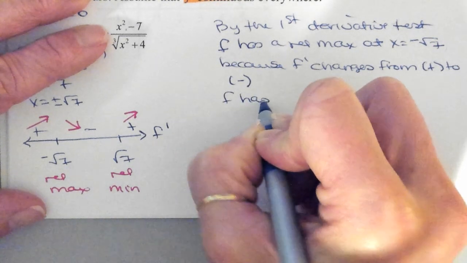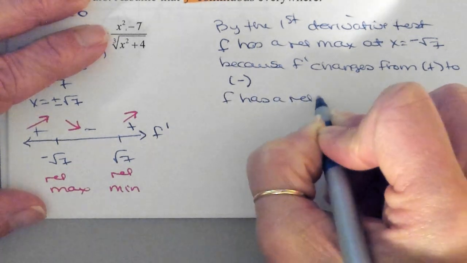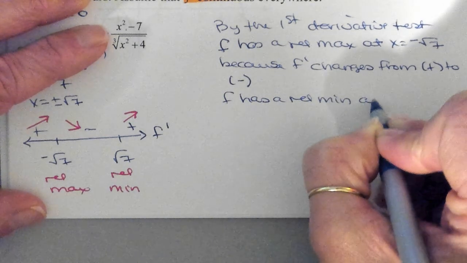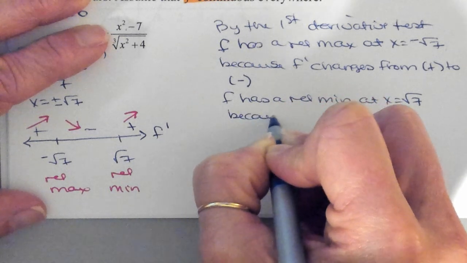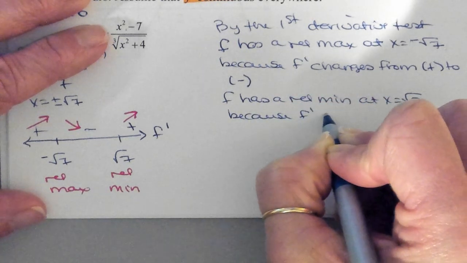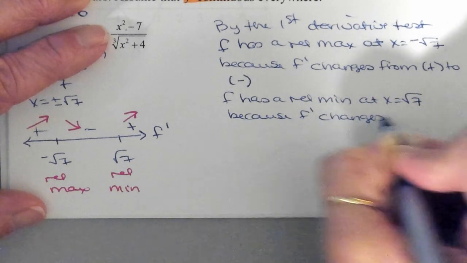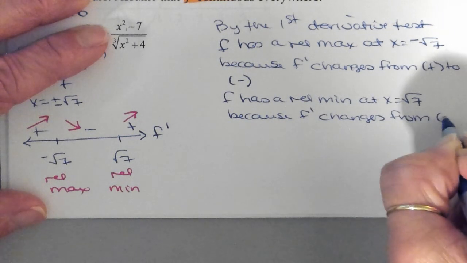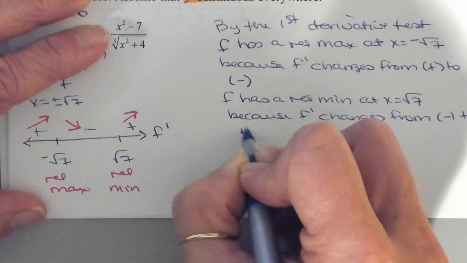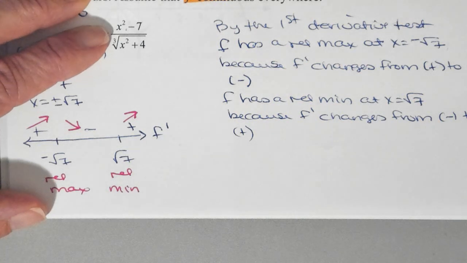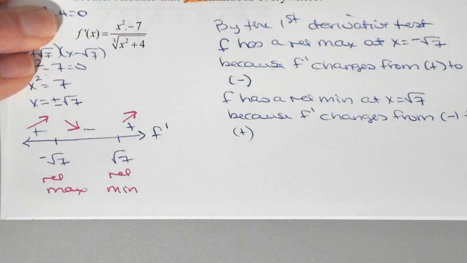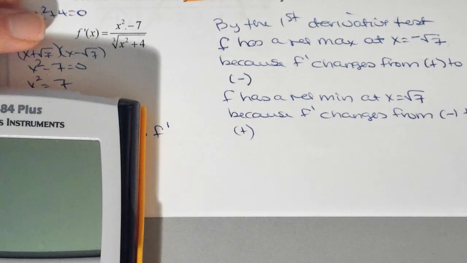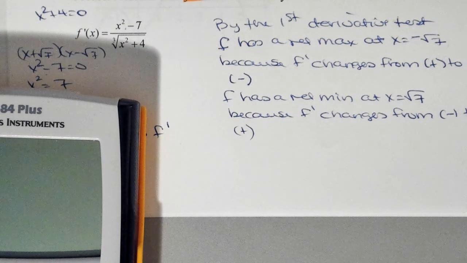F has a relative min at x equals the square root of 7 because F prime changes from negative to positive.